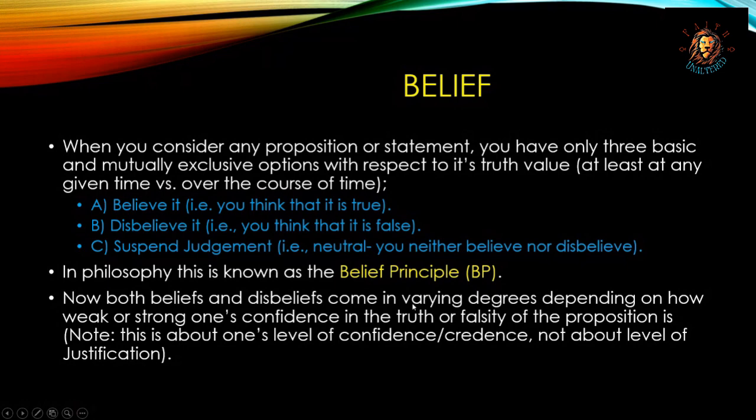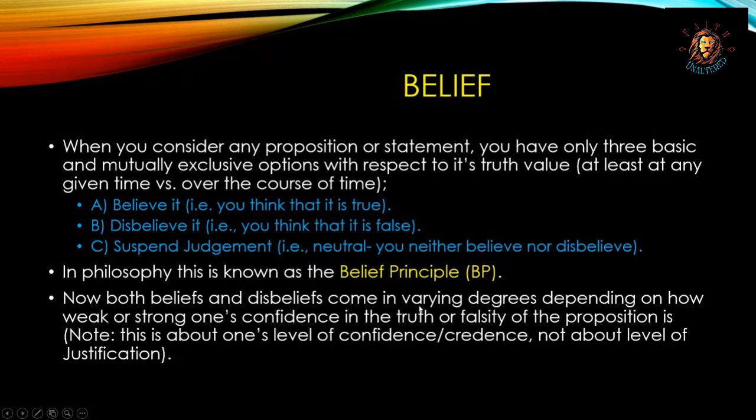So for example, what are the three positions firstly? Firstly, you can believe a proposition is true. Namely, what is belief? It means you think that that proposition or statement is true. Secondly, you can disbelieve the proposition or statement. You can think that the proposition is false. Thirdly, you can suspend judgment. You can be neutral and agnostic, as it were.